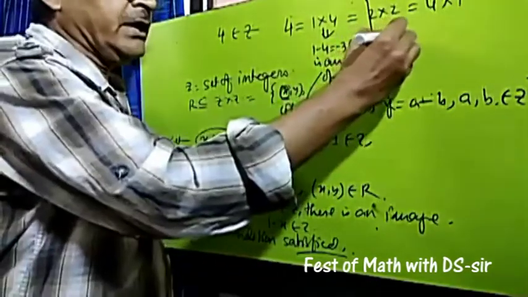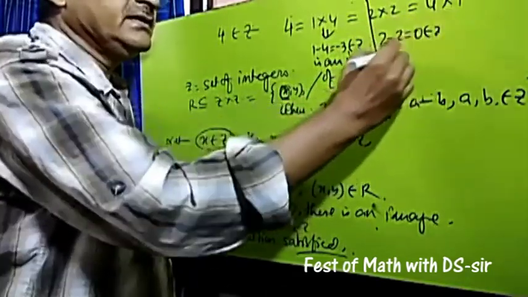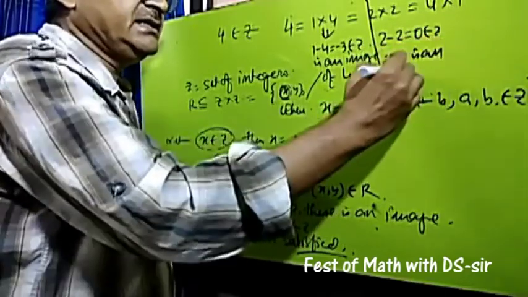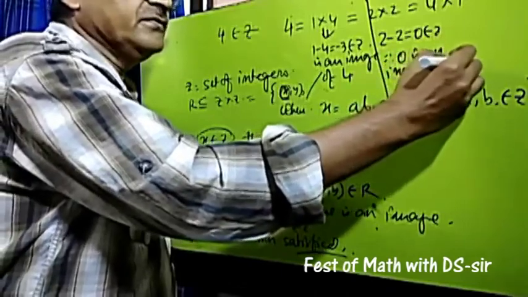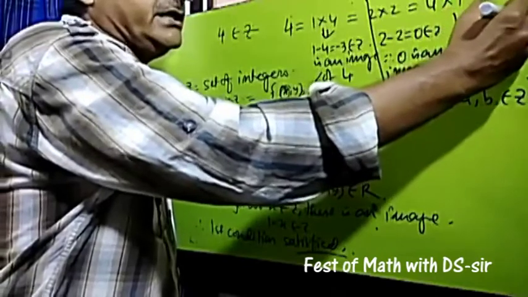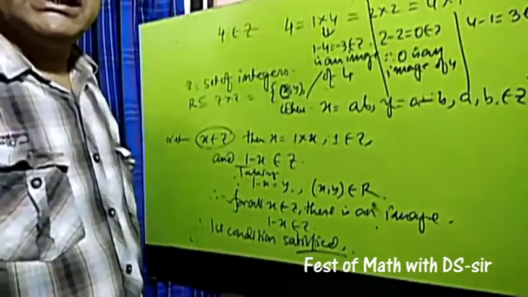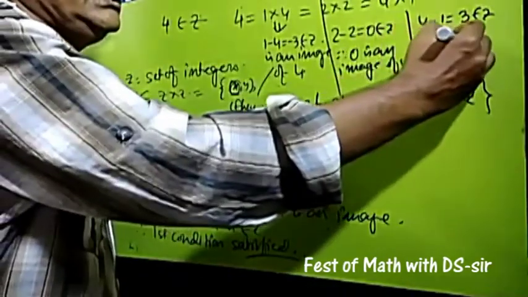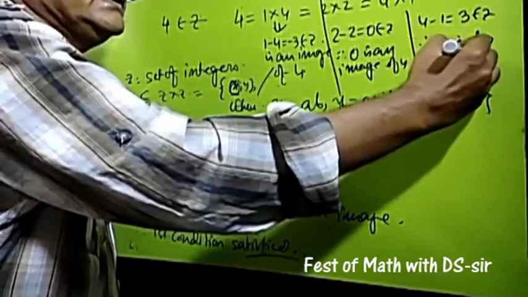Again, 2 minus 2 is equal to 0, which belongs to Z. Hence 0 is an image of 4. Again, 4 minus 1 is equal to 3, which belongs to Z. So 3 is also an image.